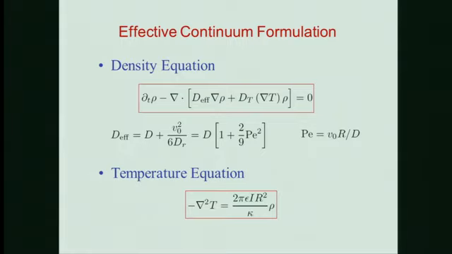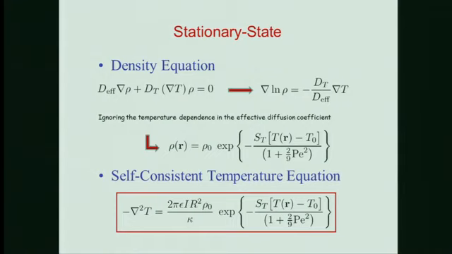That is very similar to, say, the Nernst-Planck equation, if you have only one species of charge, and then you couple it to the corresponding Poisson equation. So these are the two equations we need to solve.